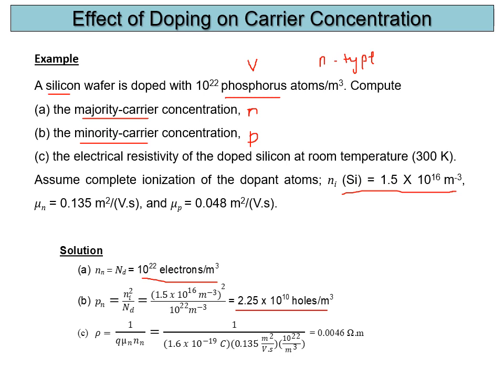Finally, you need to calculate the electrical resistivity, 1 over q mu n nn. You just insert all the values in this equation, and finally you get the electrical resistivity of this N-type semiconductor.